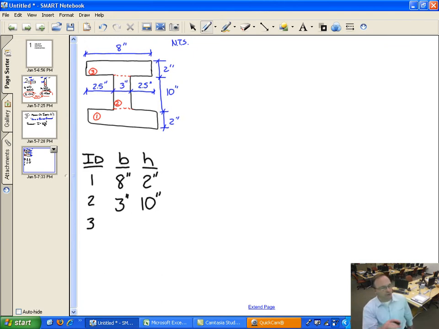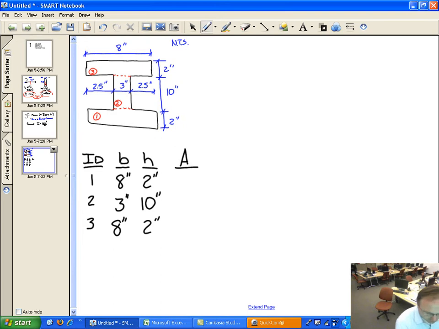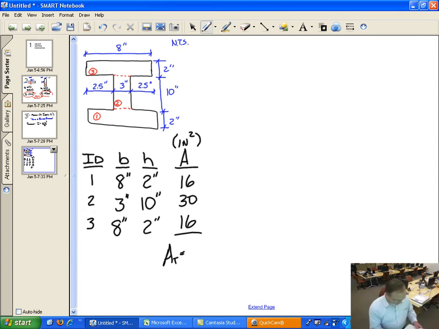What about section 3? We have 8 inches, 2 inches. So we can quickly figure the area of our individual shapes, which is going to be inches squared. So this would be 16, 30, 16 for a total area of 62 inches. So AT is equal to 62 inches squared.